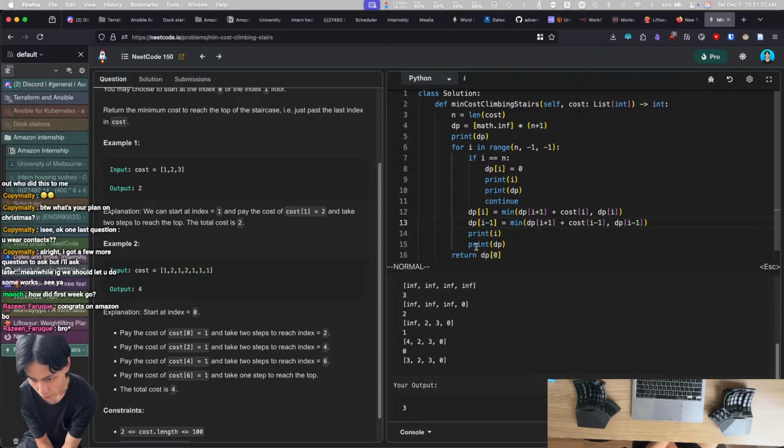I'm gonna have 3 because at this position, sorry, so when you reach 0, you get to -1. -1 is 0.